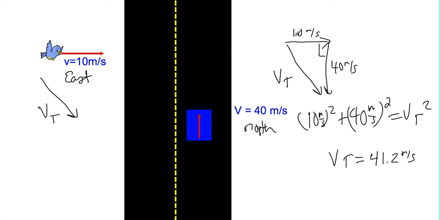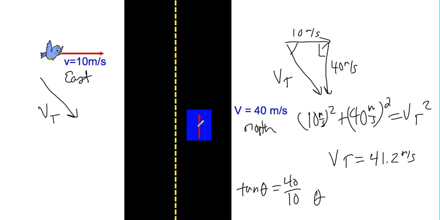And I could also find out this angle and figure that out a little bit more precisely. I could use a tangent function. Tangent of theta is equal to 40 over 10, and then that's going to give me some angle. That would tell me the angle that this is moving down in. I have not calculated that out, but I'm sure many of you are good enough with the math that you could figure that out. I guess the bottom line is, if you're talking about how the bird moves relative to the car, it's going in this direction.